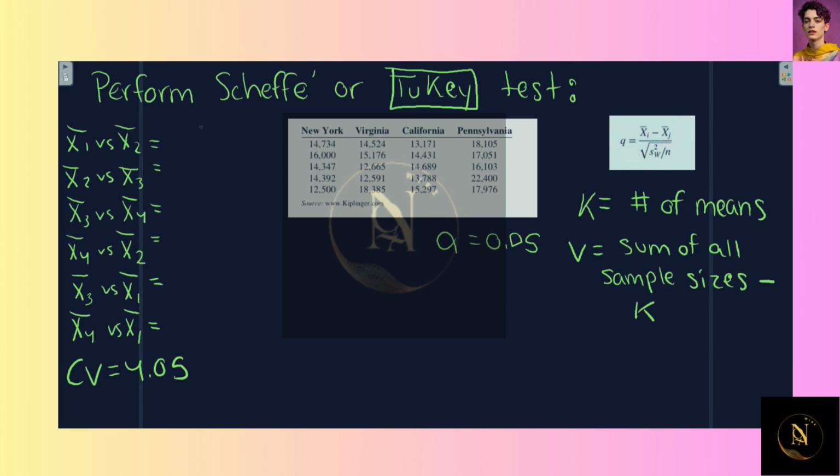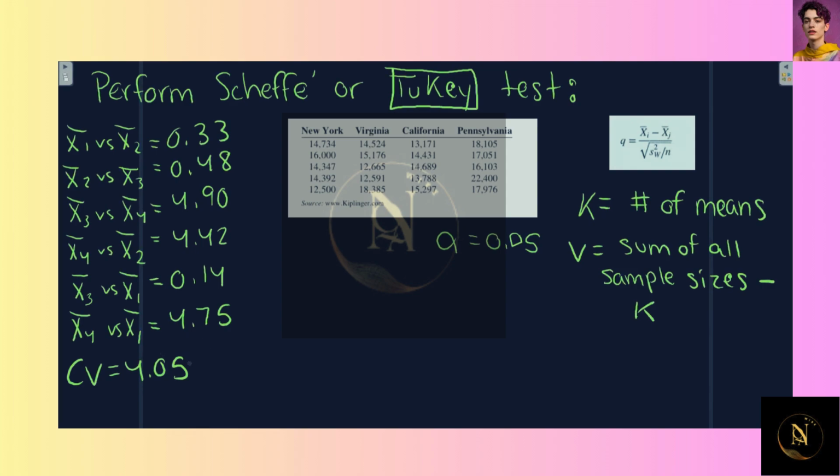All right, now I'm going to copy all of those numbers over just to give us some visual organization. And again, they're all going to be positive. And to decide if we have a significant pair or not, we are going to take our test statistic, and if it is greater than our critical value, then we can reject our null hypothesis.